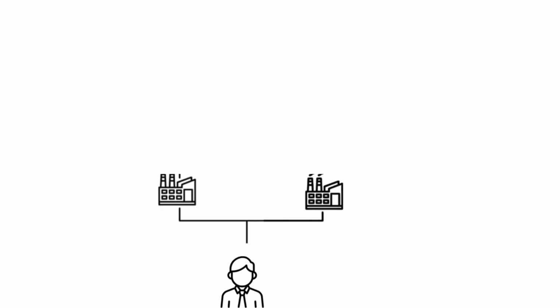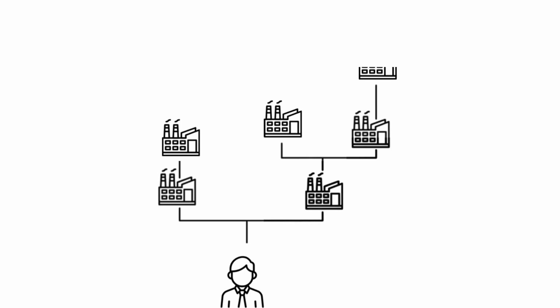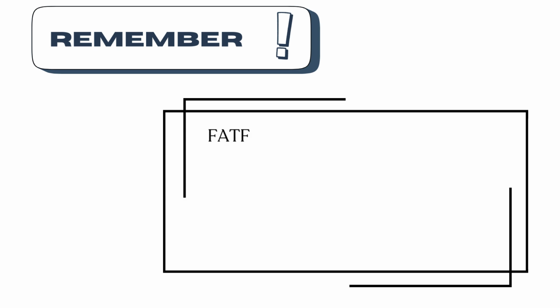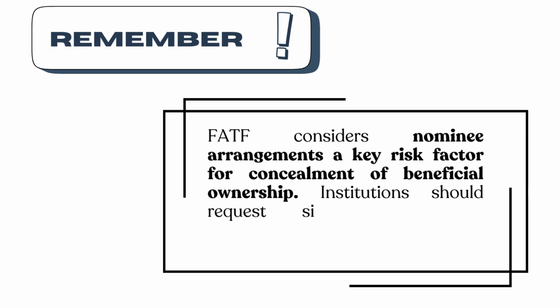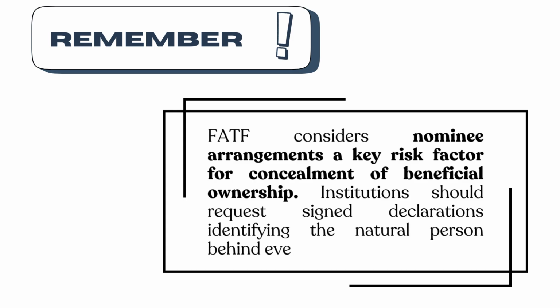For example, if the same nominee directors are listed across dozens of offshore companies, it's a sign the true owners don't want to be identified. Theory note: FATF considers nominee arrangements a key risk factor for concealment of beneficial ownership. Institutions should request signed declarations identifying the natural person behind every nominee.